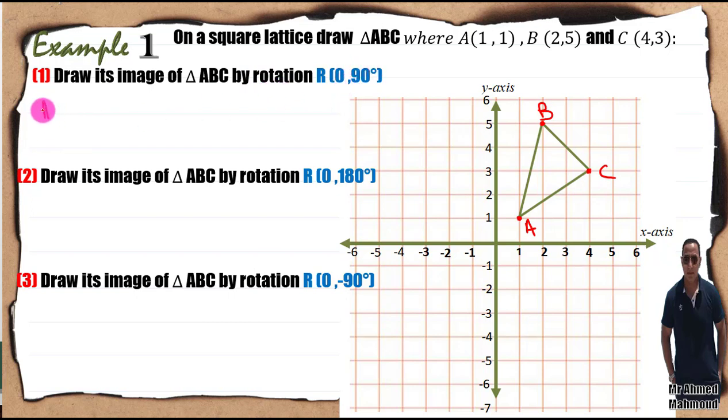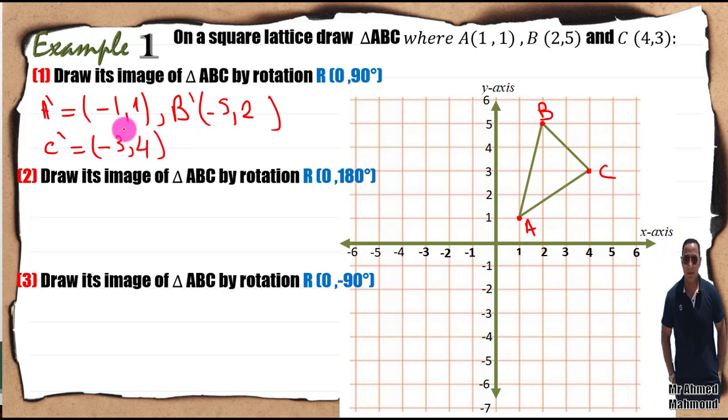So A dash equals, this is x, y, so it will be negative 1, 1. B dash equals negative 5, 2. C dash equals negative 3, 4.